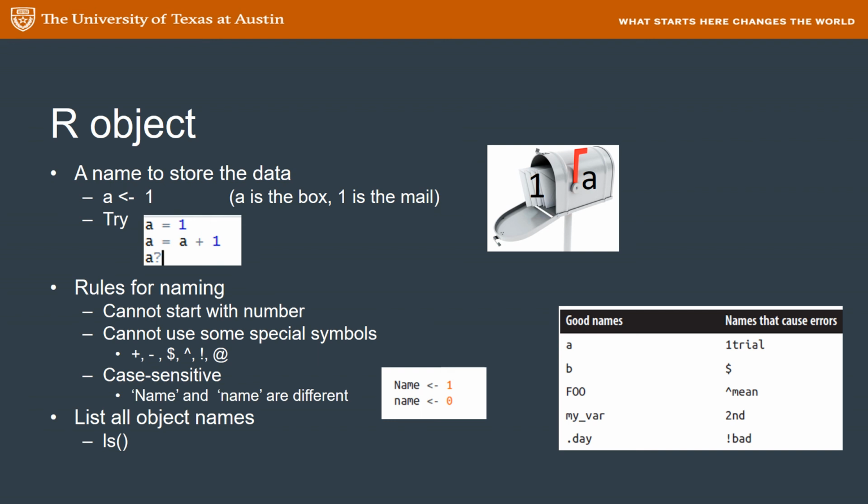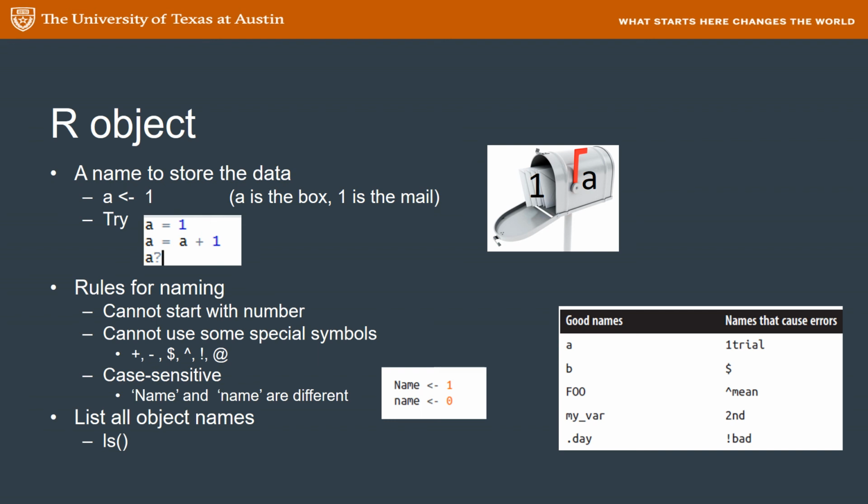So suppose you have a name which is A, and you say A equals 1. So you assign the value of 1 to A. Very straightforward, right? But think about the computer science way. A is actually a box, and 1 is the content, a value.